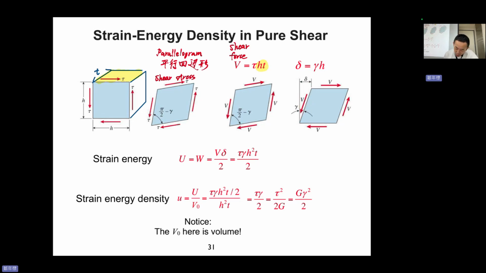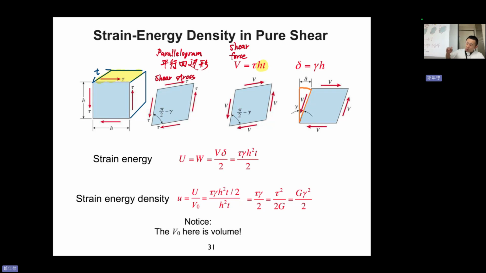You can imagine this pizza shape, the arc, can be delta equal to gamma times h. So the delta here is approximately equal to gamma h.